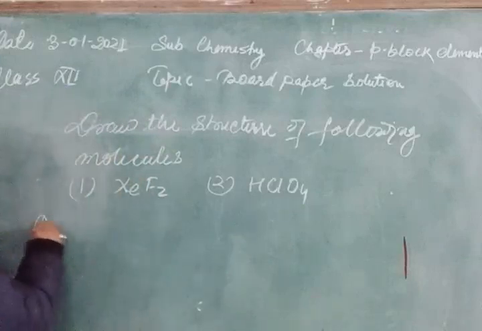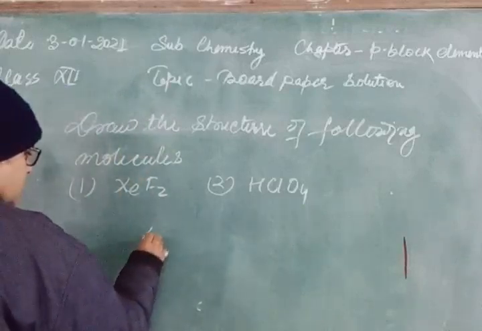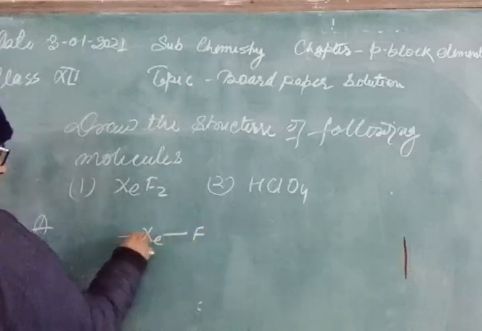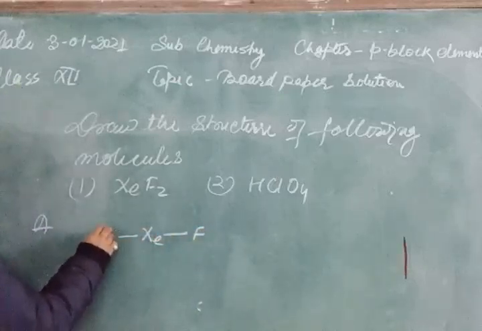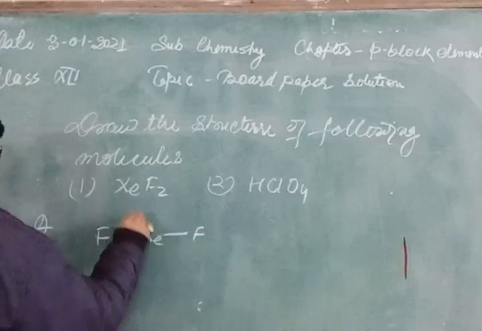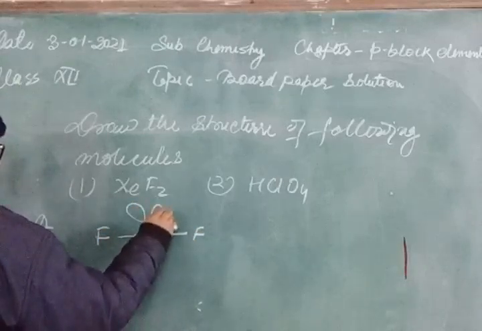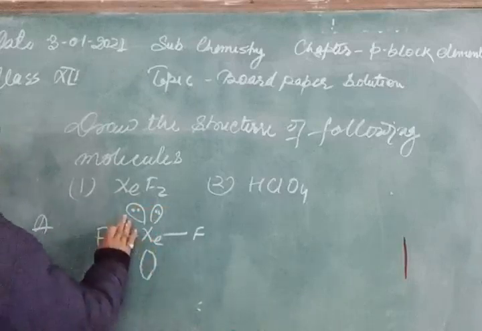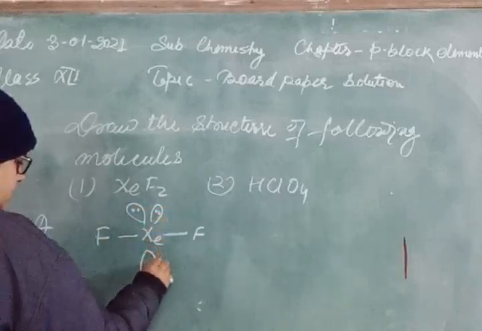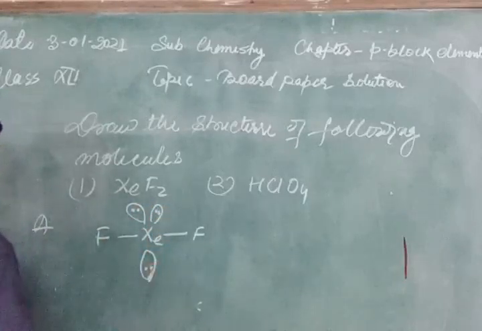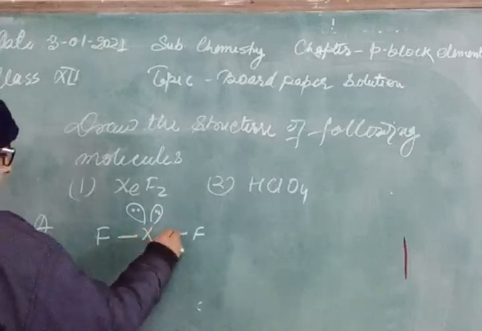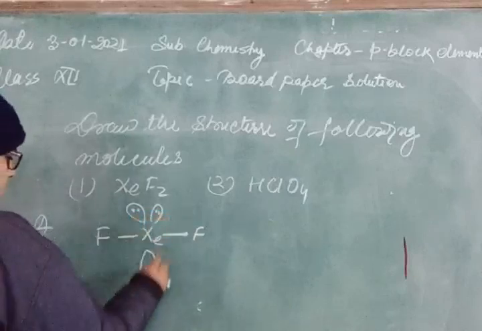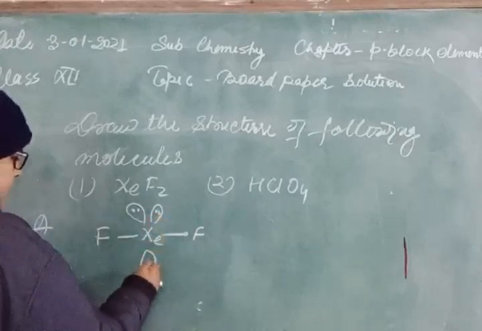Then the answer is like this. In case of XeF2, there will be a linear structure due to the presence of 3 lone pairs. As you know, xenon has 8 electrons in the valence shell. 2 will be shared with 2 fluorines, and the remaining 6 are distributed in 3 pairs.